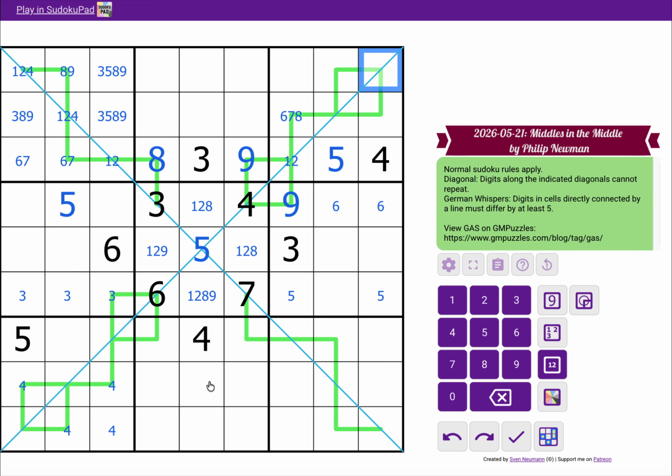Let's see if we can do some more 5s. There's no 5 here or here. It's just 3 locations that there could be a 5. And for this one, there's no 5s here.